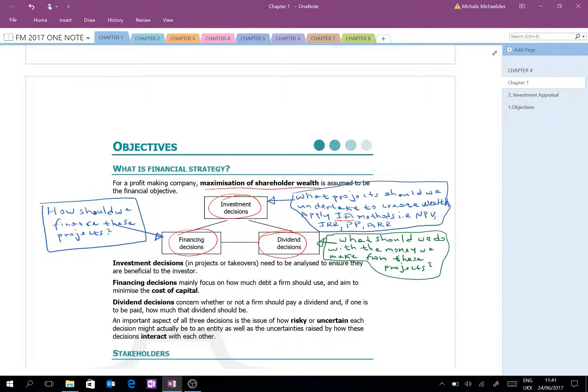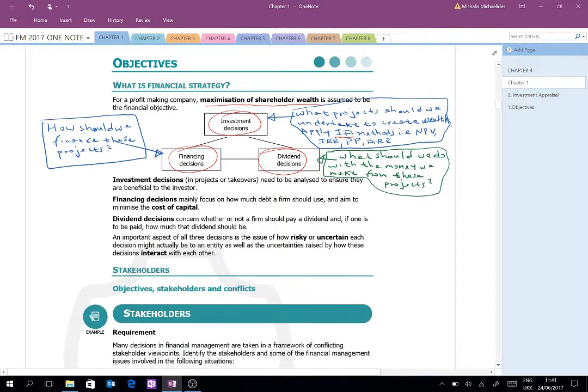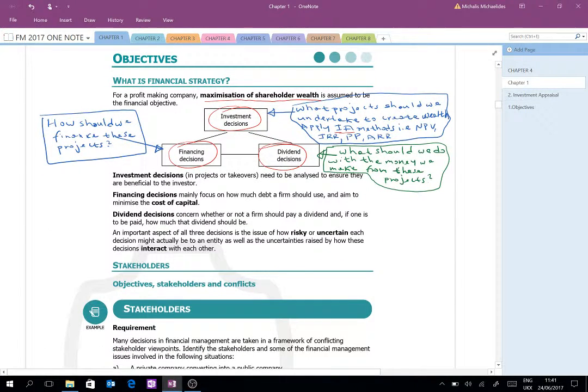Since now we are going to undertake a new investment project, definitely we are going to need money. So we are going to need finance. So the next question is, how should we finance these projects? And again here, there are 2 options. One option is to raise long-term debt, okay? Or the other option is to use equity funding.